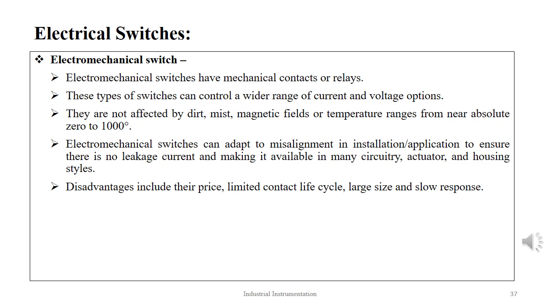Electromechanical switches can adapt to misalignment in installation applications to ensure there is no leakage current, making them available in many circuitry, actuator and housing styles. The disadvantages of electromechanical switches include their price, limited contact life, large size and slow response.